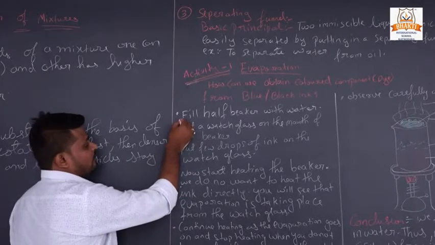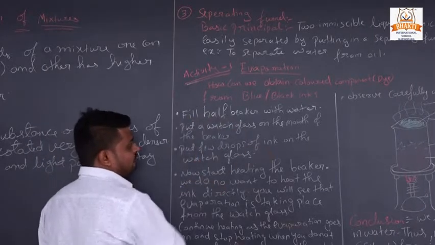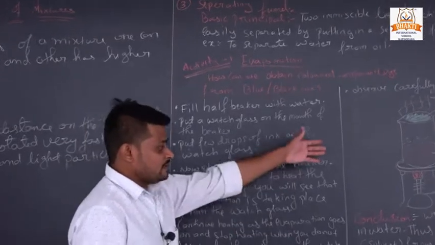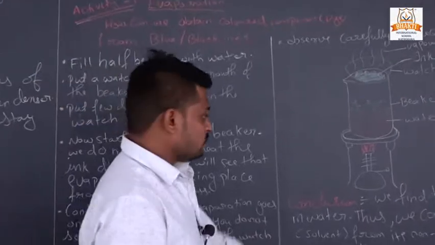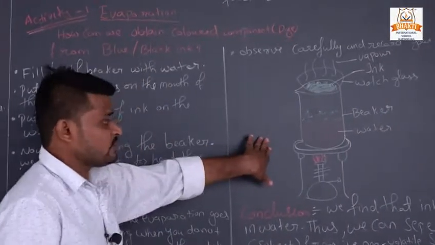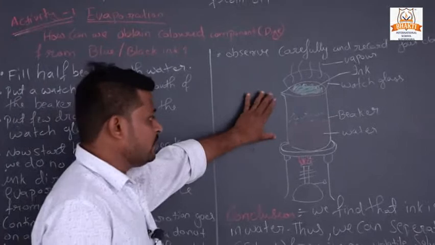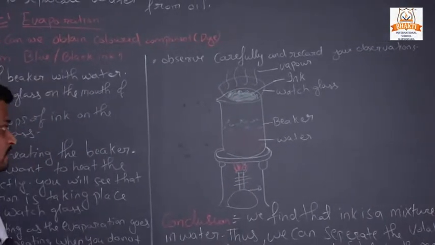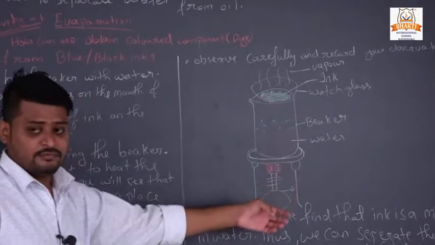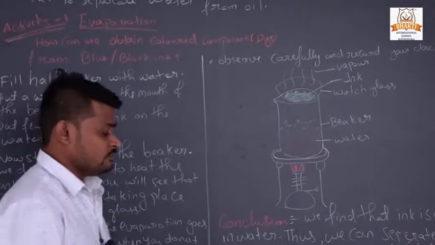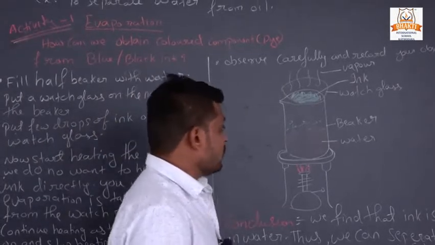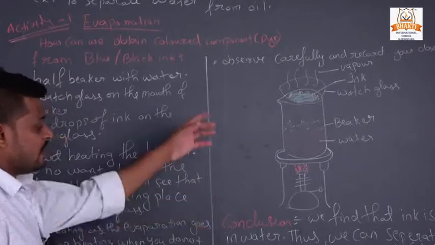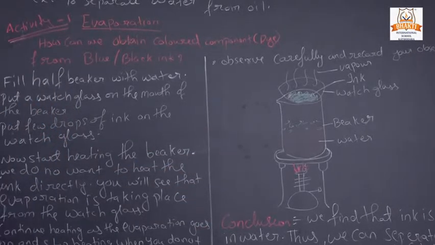First we have to take a beaker that is half filled with water. See, this is the diagram in which we take a beaker half filled with water, a watch glass, a few drops of ink, and a burner. These are the things required for this activity.